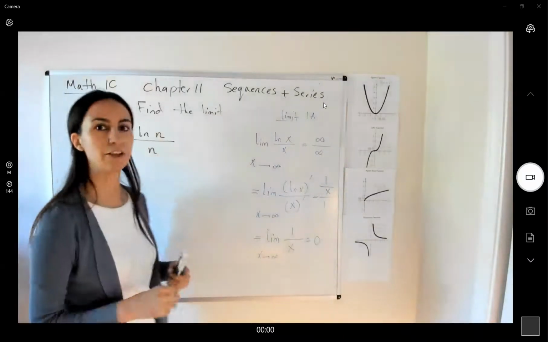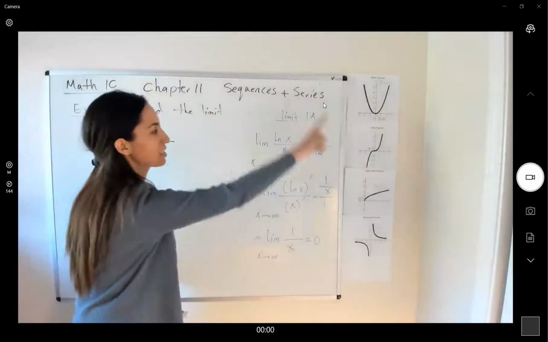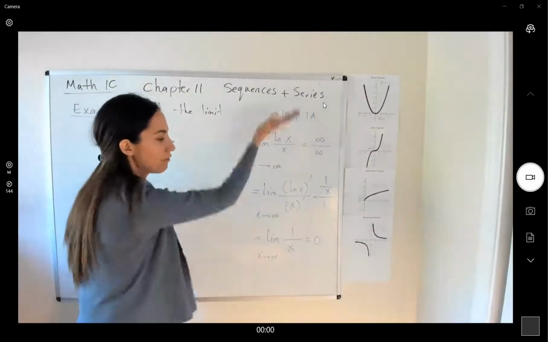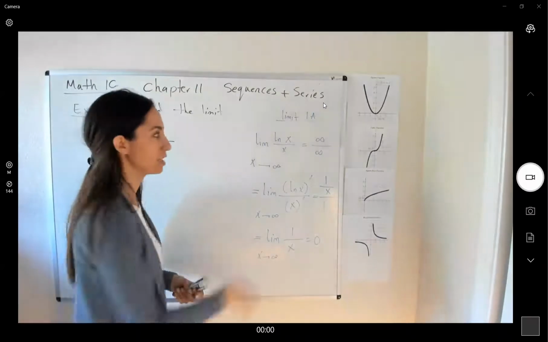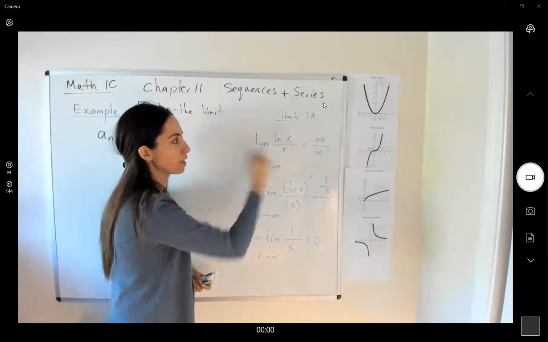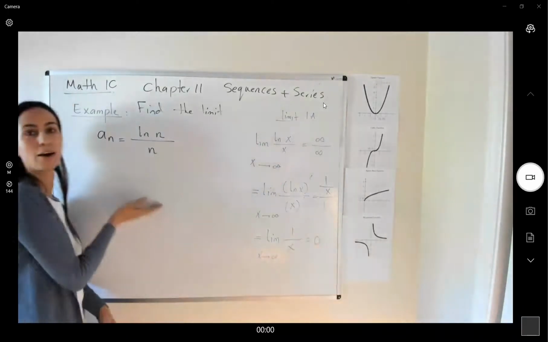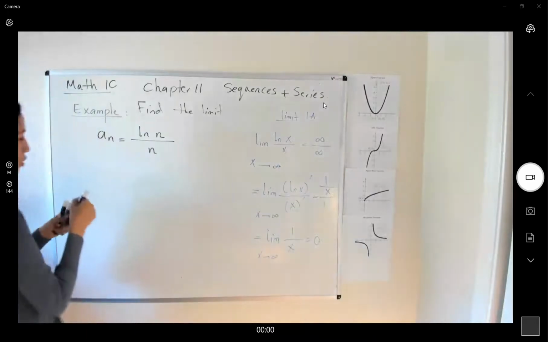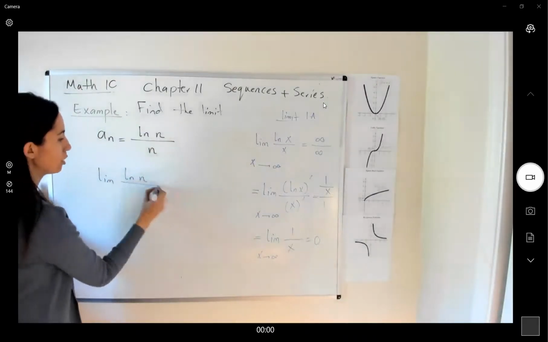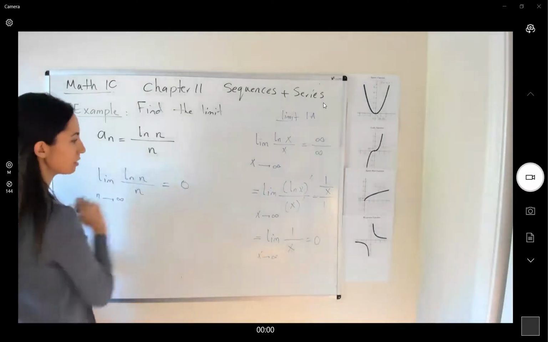Even though we cannot directly use L'Hopital's rule, since a sequence is a function, we can eventually apply L'Hopital's rule to functions with domain as real numbers and use the conclusion here. So the limit of ln of n over n when n goes to infinity is 0.